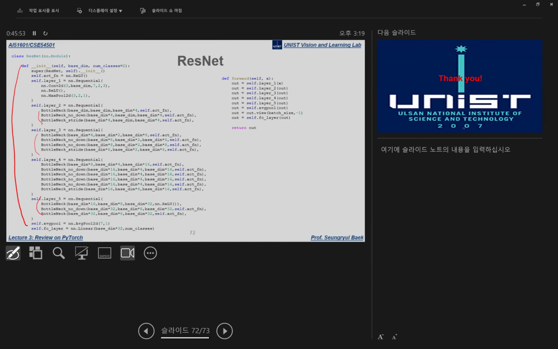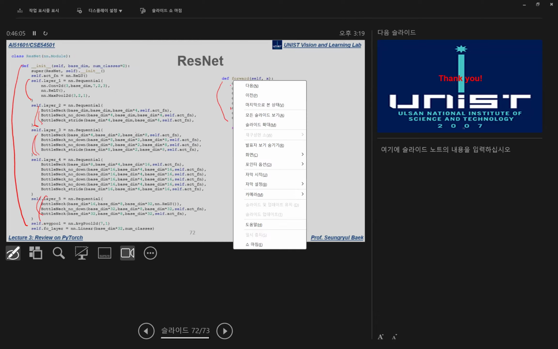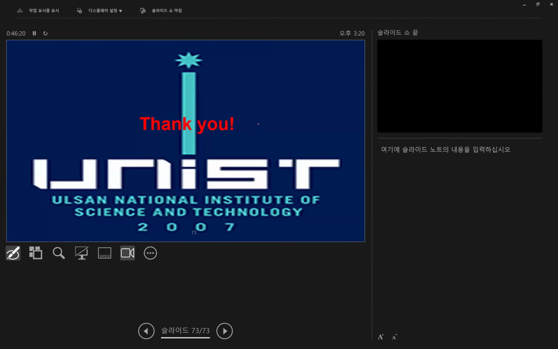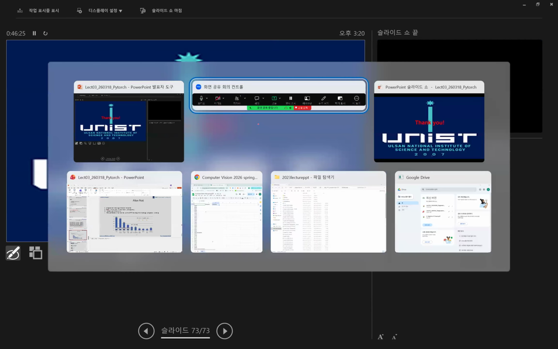Similarly to previous ones, except for the first layer having convolution, ReLU, max-pooling, most blocks are composed of the bottleneck layers, and they simply feed forward through these multiple times and then apply MLPs. That's the ResNet architecture. Are you guys understanding this? Okay, so that's for today.